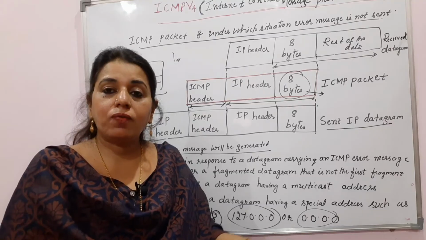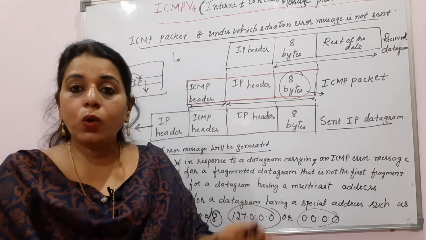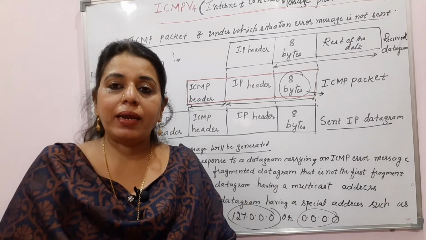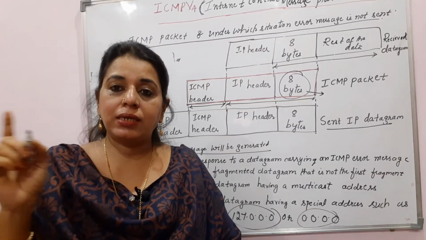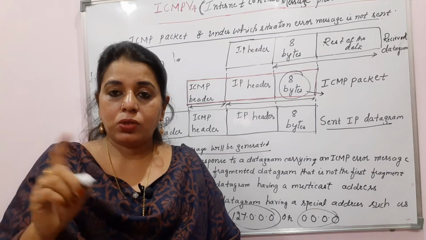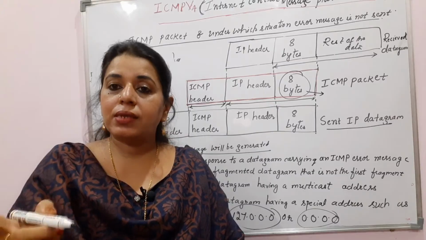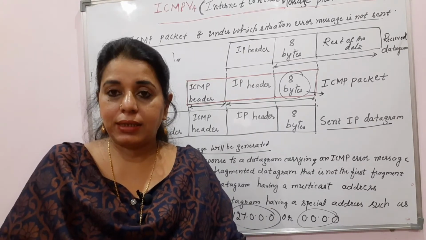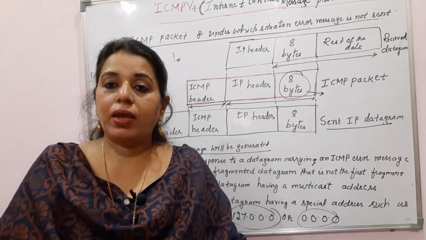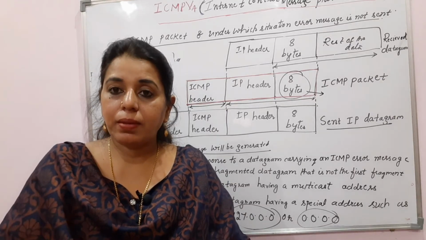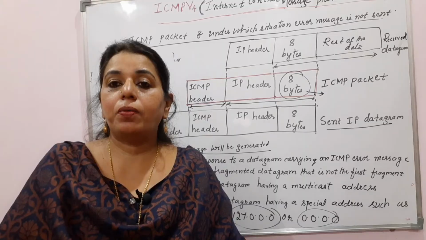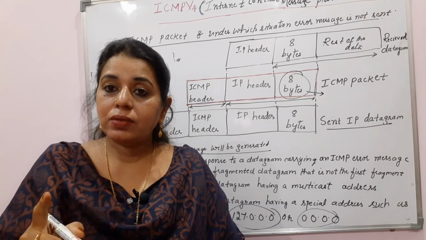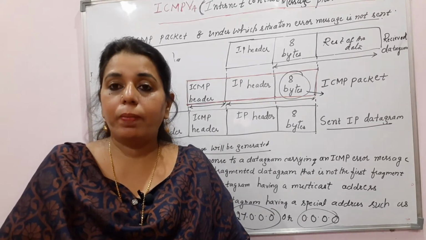What can be the reason? Any address in the 127 block is a loopback address. If it is a loopback address, the source address and the destination address are the same in the packet. That means a person is sending the packet to himself or herself. I am sending a message and the packet is coming back to my machine, because I have used a loopback address.